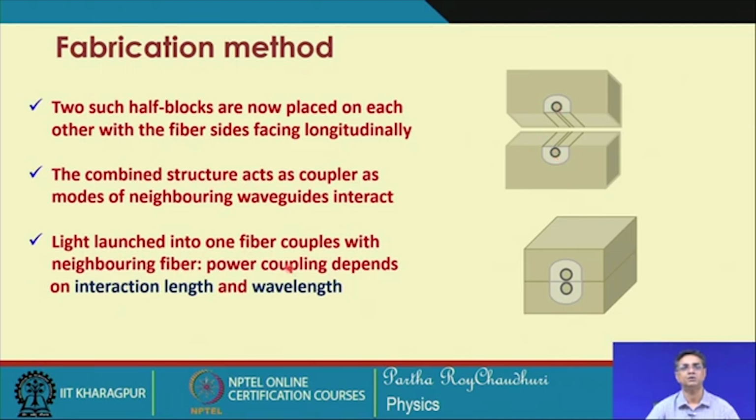So, light launched into one fiber couples with the neighboring fiber. Power coupling depends on the interaction length and the wavelength. These are the two important things about an optical coupler: the length of interaction, and also the wavelength. It is the wavelength that decides the strength of coupling.